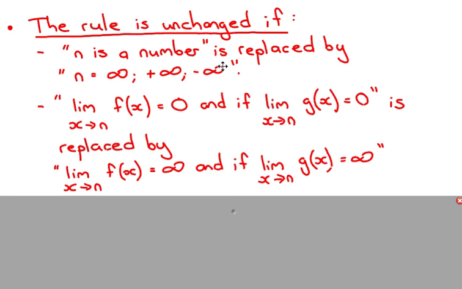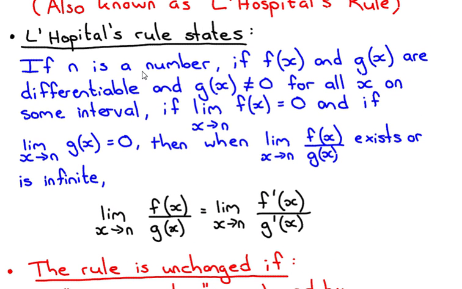Firstly, the rule stays unchanged if I replace n as a number with n being infinity, positive infinity, negative infinity. So when I look back here, I don't have to say if n is a number, I could say if n is equal to infinity, or positive infinity, or negative infinity.